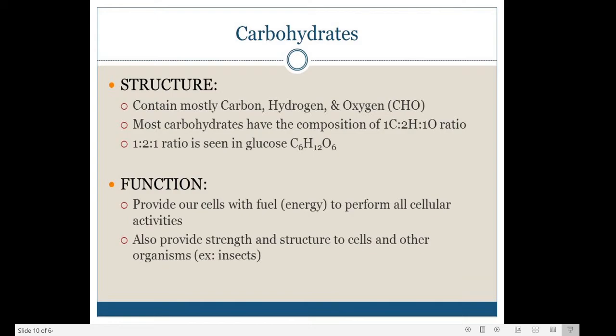Most carbohydrates have the ratio C to H to O of 1 to 2 to 1.